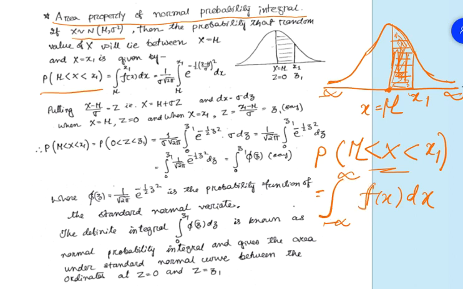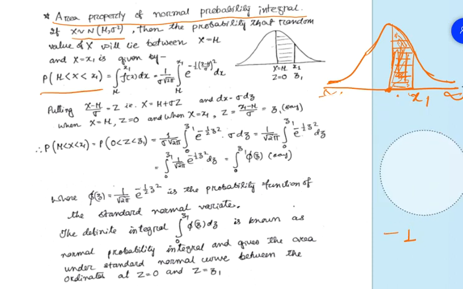This is equal to 1, because the total area is always 1. For f(x), we know the function is 1 by sigma root over 2 pi, e to the power minus half, x minus mu by sigma, whole squared. These combined terms give us the function f(x).